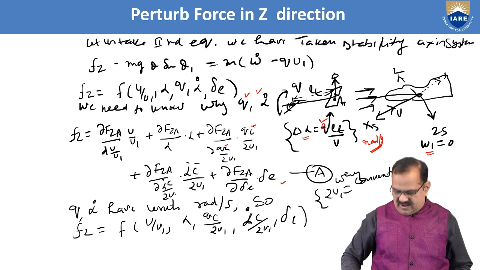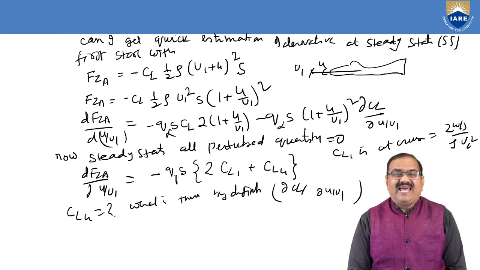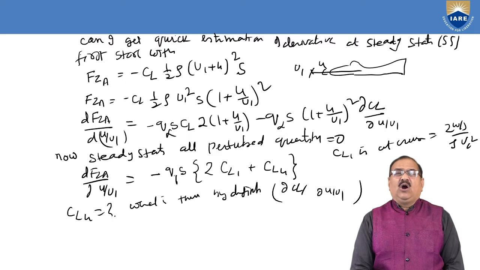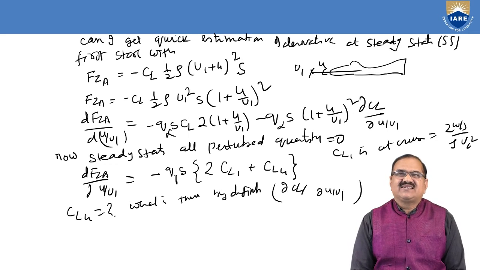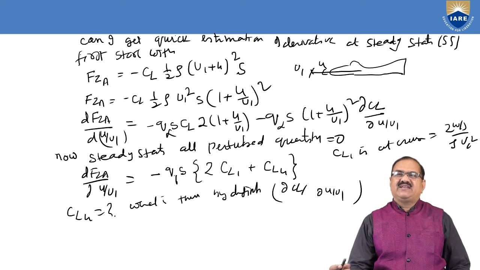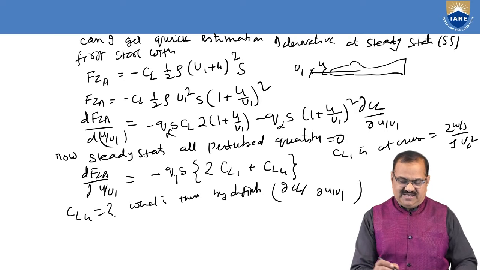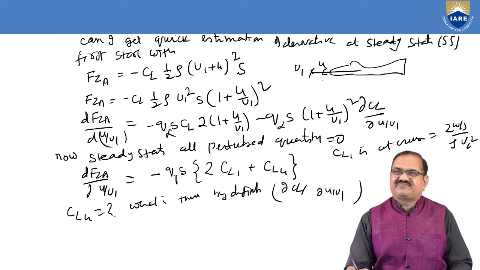of the aircraft. So now, can I get a quick estimation of the derivative at steady state? First, start with Fza. We know that Fza is equal to what? Lift.